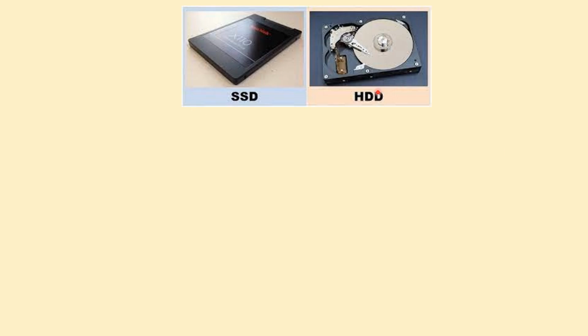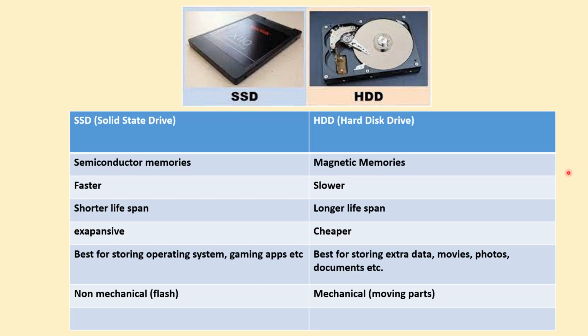So now we will briefly discuss the differences between hard disk drive and solid state drive. Solid state drives are semiconductor memories, whereas hard disk drives are magnetic memories. SSDs are much faster, and hard disks are slower as compared to SSD. But SSDs have a shorter life, hard disks have a longer life.